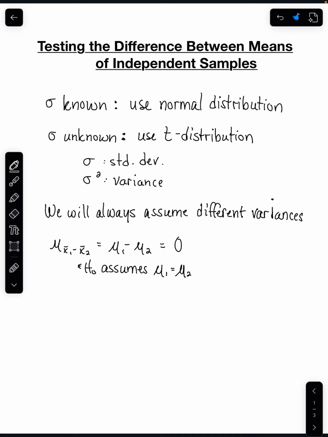We then have a standard error, or standard deviation of our sampling distribution, which is going to come from the square root of the standard deviation of the first sample squared over the sample size of the first sample, plus the standard deviation of the second sample squared over the size of the second sample. We add those two fractions together and find the square root.